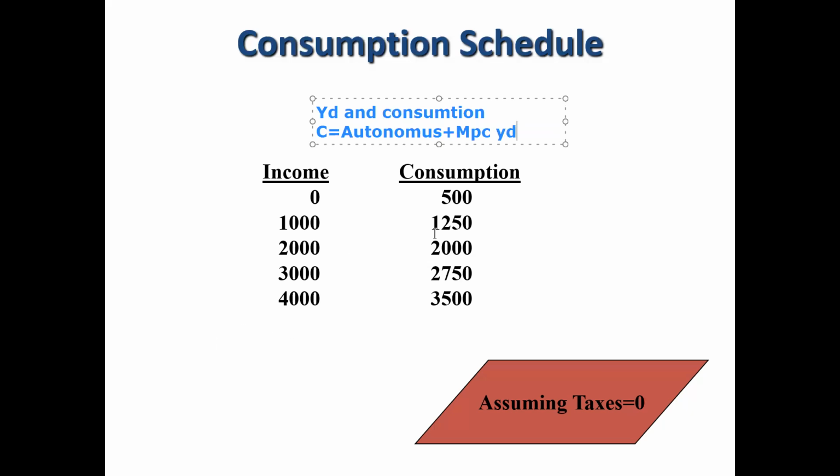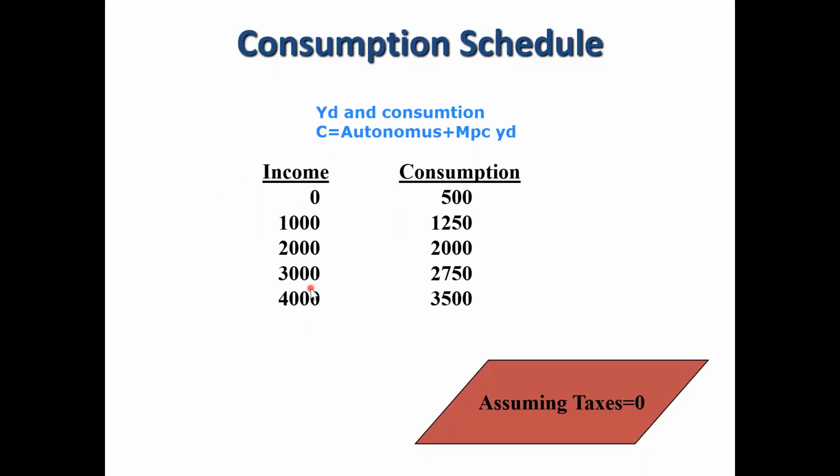In order to get this function, we must have the autonomous consumption and the marginal propensity to consume, and then multiply it by the income. We can then predict how much consumption is. Here we have an assumption of zero taxes, which means that the income is the same as the disposable income.